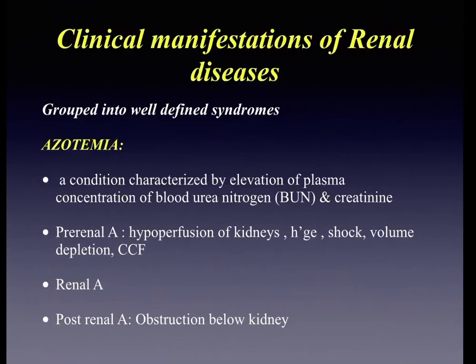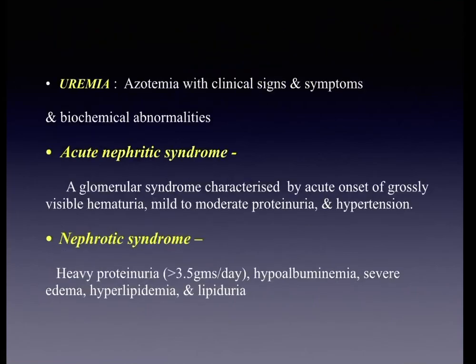This can be due to pre-renal, renal or post-renal causes. Then we have the term uremia, which means azotemia along with clinical signs and symptoms and biochemical abnormalities.